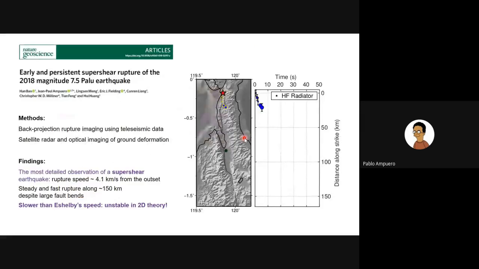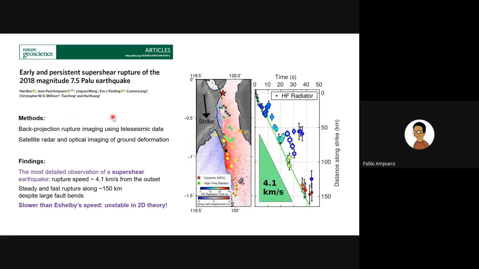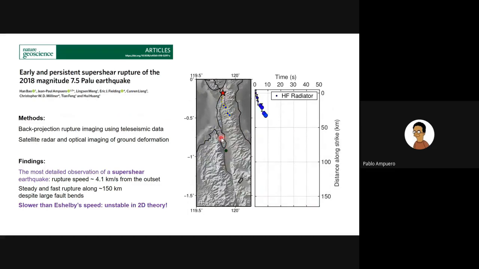However, we do see that in some earthquakes, and this is the example of the 2018 magnitude 7.5 earthquake in Palu, Indonesia. It's a strike slip earthquake that unfortunately produced a tsunami in the Palu Bay.